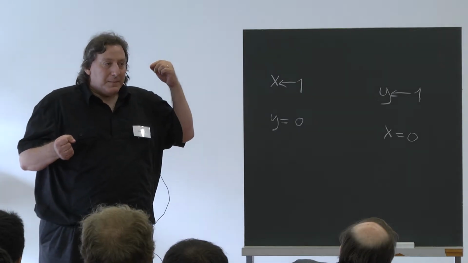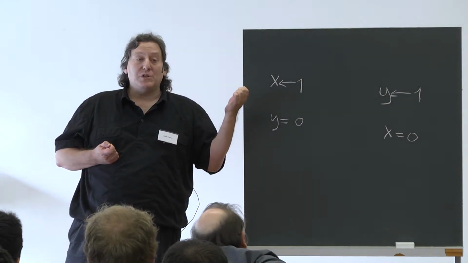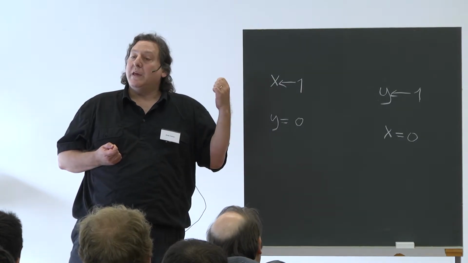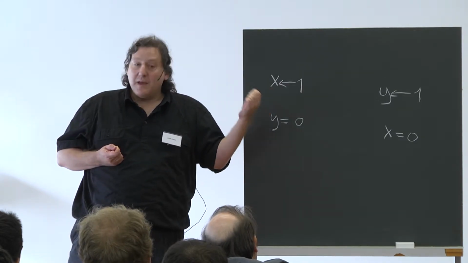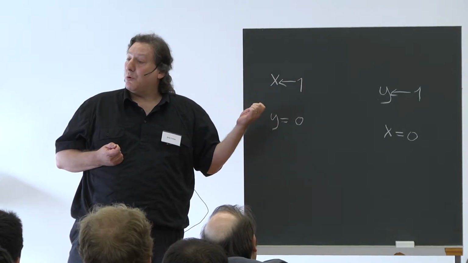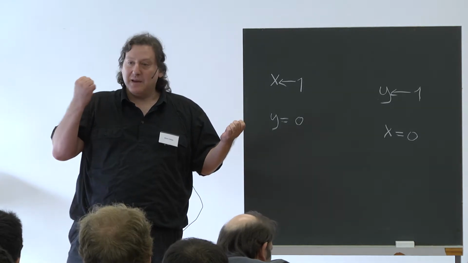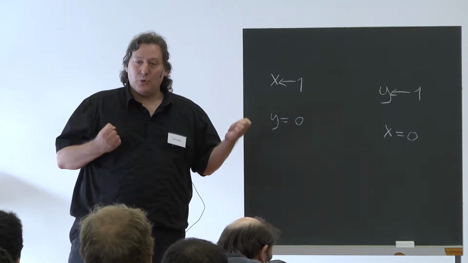So apparently, by restricting the way we are allowed to use ghost variables, we can get a programming logic that still looks like ordinary programming logic, but is sound for weaker memory models. Okay? This is the key thing you have to appreciate.